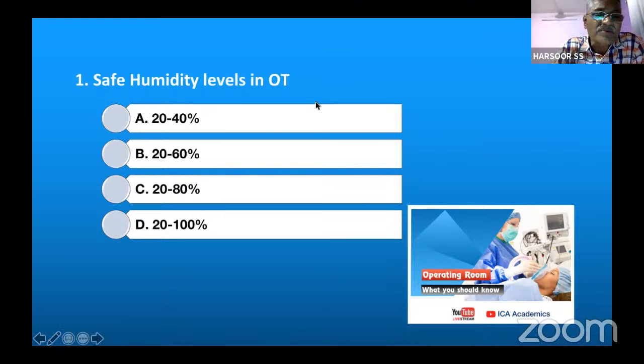There are 4 options: 20 to 40% humidity, 20 to 60%, 20 to 80%, or 20 to 100%. The voting pad is available. Please use the voting pad in the next 20 seconds. Your time starts now. Okay, Sanish, can you just open the voting pad?